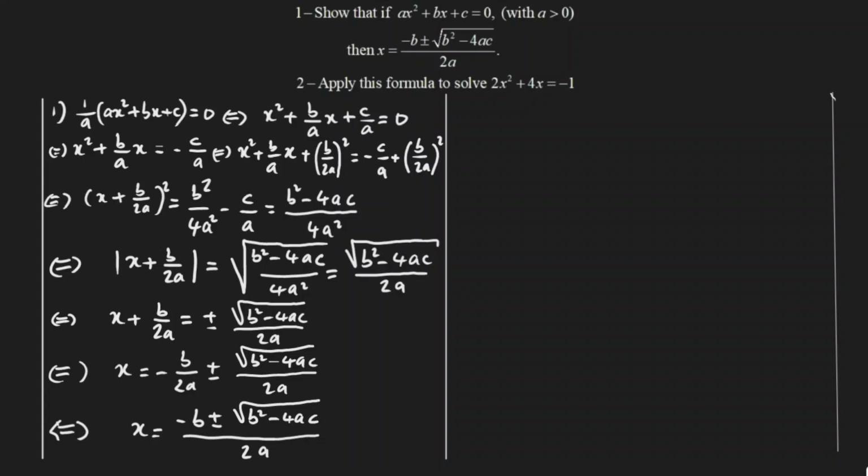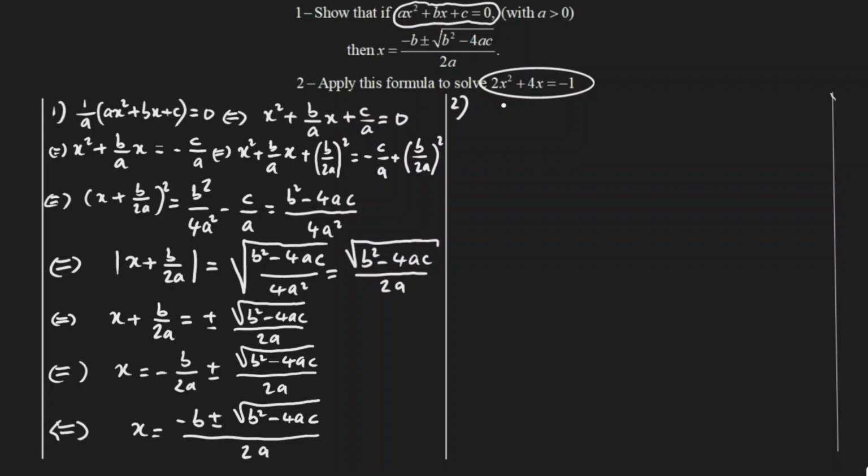Now let us apply this formula to the equation 2x squared plus 4x equal to minus 1. The first thing we have to do is make sure that this equation has the same form as the one above. So you have to make sure that minus 1 comes to the other side, and when it comes to the other side, it will be plus.